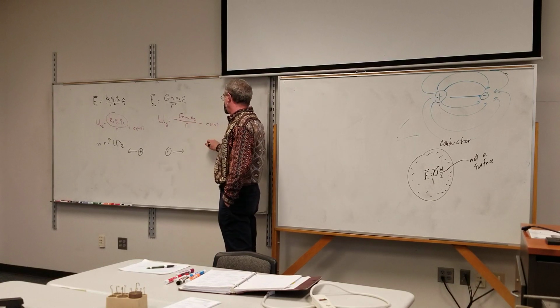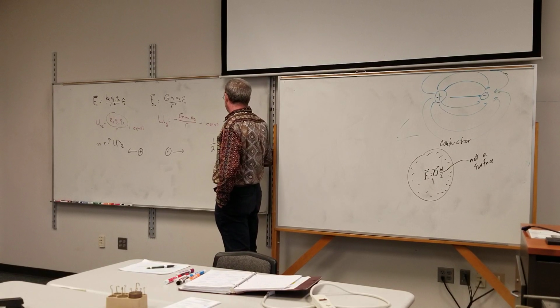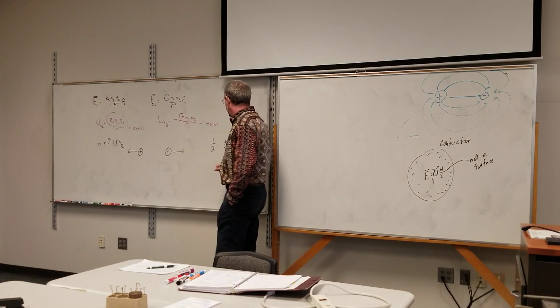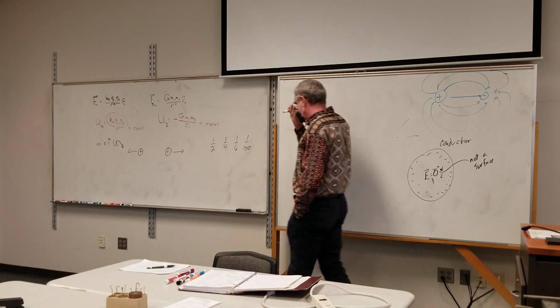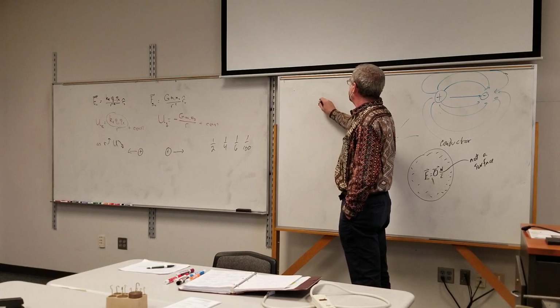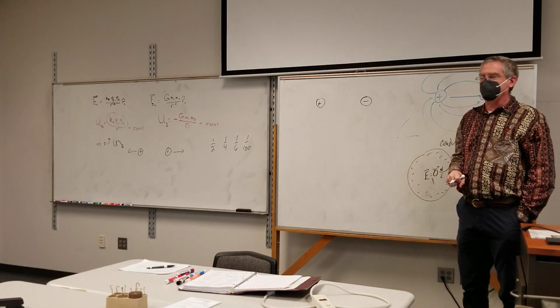Because I have some constant, we'll just assume it's one, so if I have 1/2, 1/4, 1/6, 1/100. As my denominator gets bigger, my fraction gets smaller. Now I've got a positive and negative charge. From a force point of view, what's going to happen?